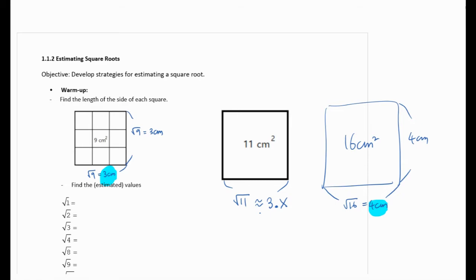I think this is about 3.3 centimeters. All right? So this is how you estimate the square root of a non-perfect square number. And you can use this method for other numbers.